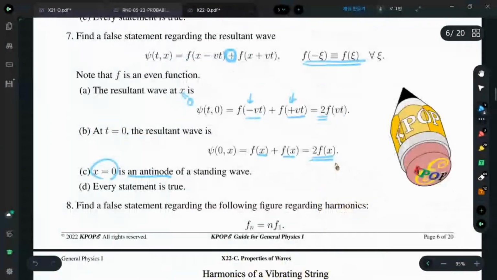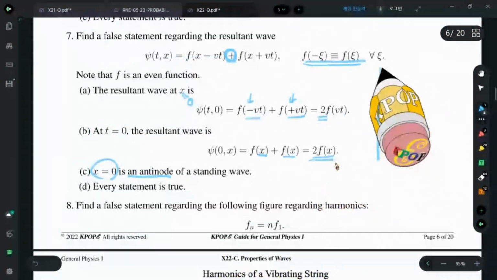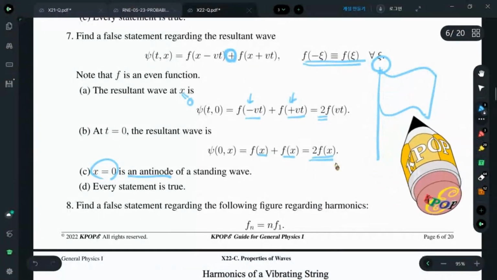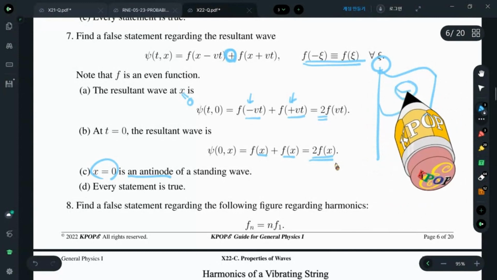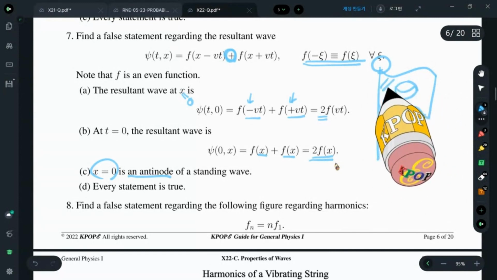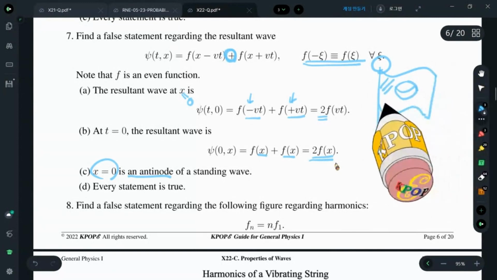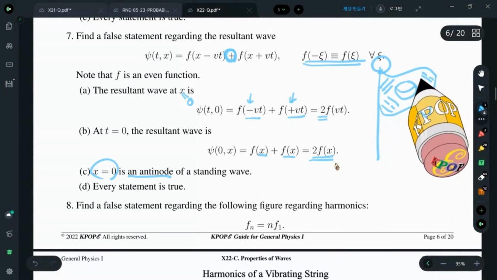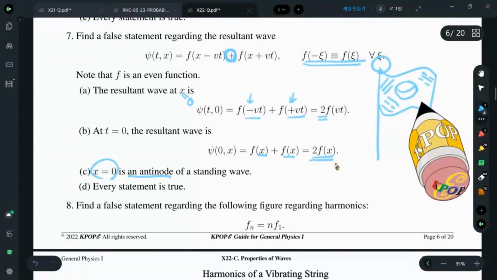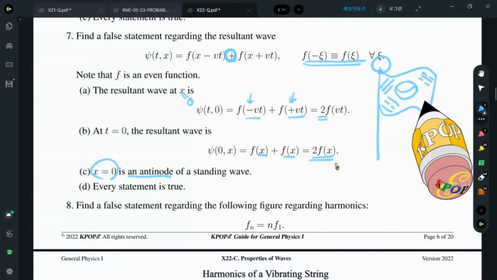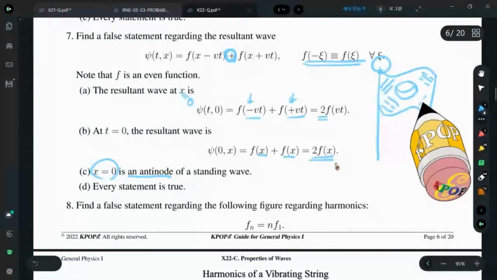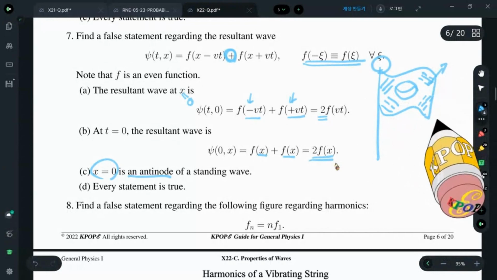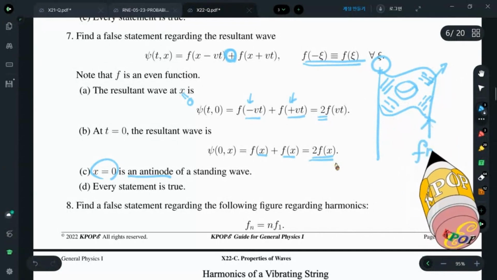It is just like a wavy flag, am I right? In here, this is a free end.